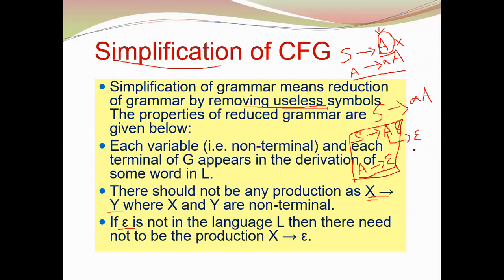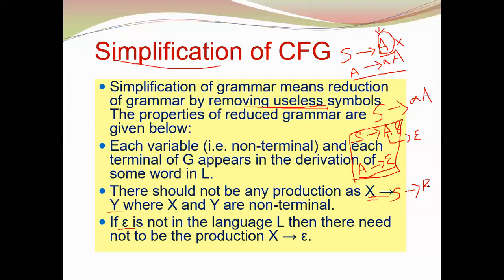If I'm substituting epsilon, then what is the output? Once I'm substituting this epsilon for the variable A, what is my output? B. Yes, S tends to B. This is the removal of epsilon production.